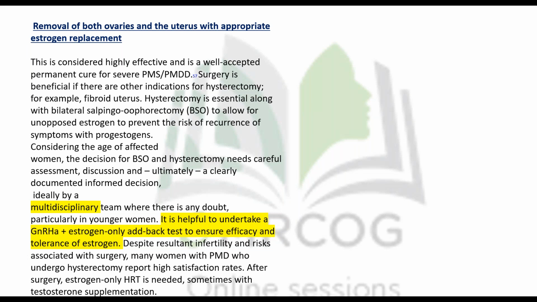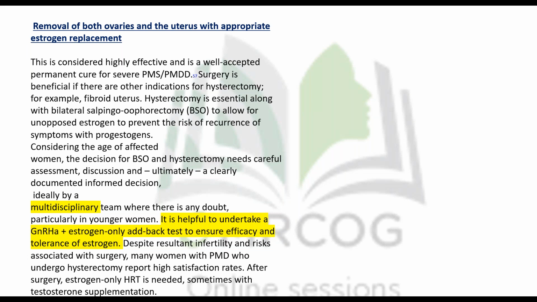And if we give her progesterone, that means we are putting her again at the same risk of exposure to progesterone, which is converted in the body to allopregnanolone, and this in the end leads again to recurrence of symptoms. So the evidence suggests removal of the uterus plus the ovaries, not ovaries alone.